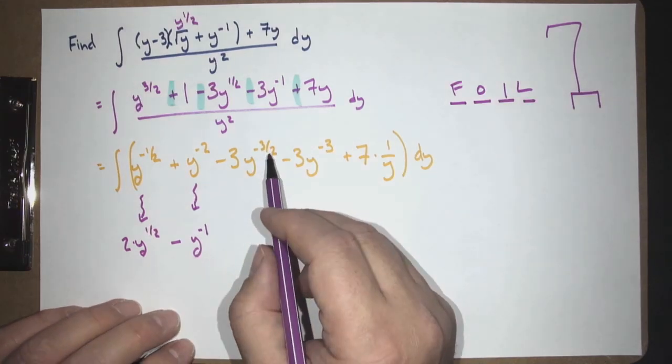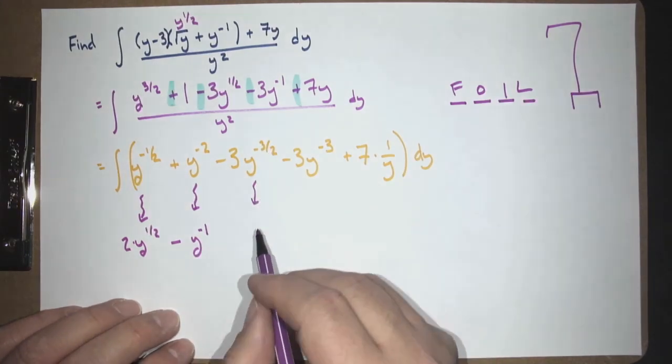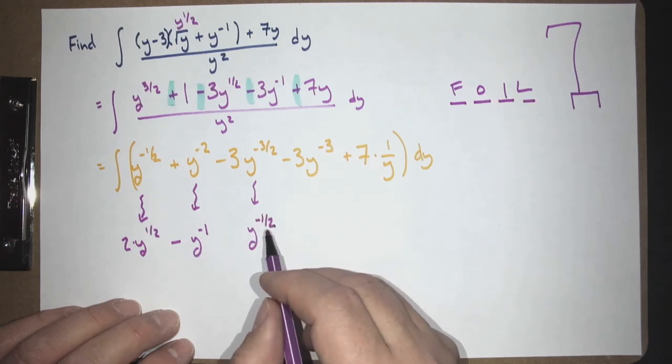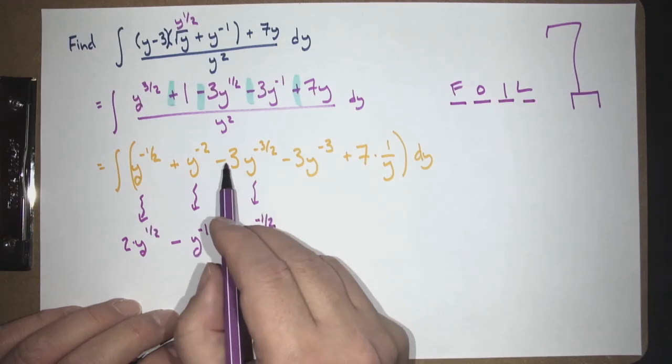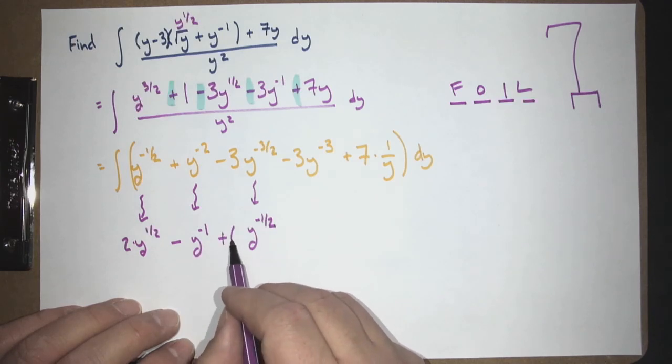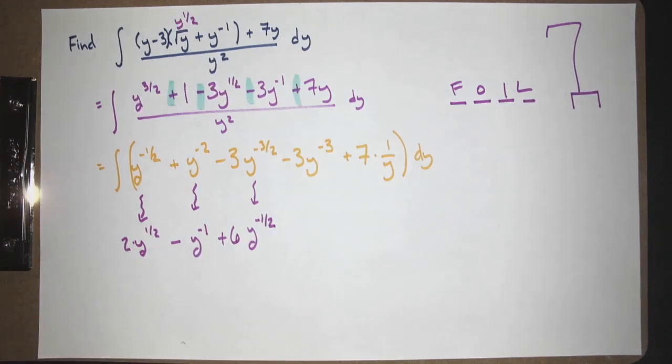Add 1 to your exponent. Y to the -3/2 becomes y to the -1/2. Divide by -1/2. There's already -3 in front. What's your coefficient going to become? +6. So it's the same as multiplying by -2. That's -3 times -2.